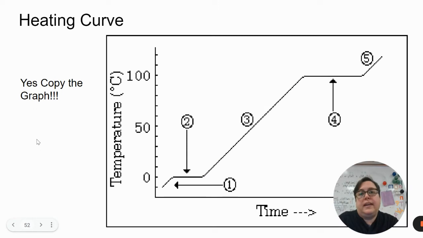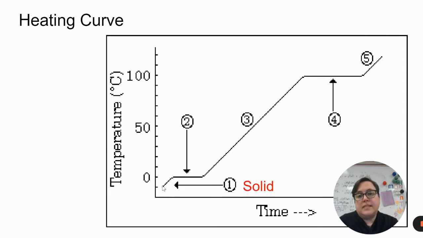One of the ways that we graph this information is by looking at a heating curve. And yes, you're going to want to copy the heating curve into your notes, and then we're going to label the different parts. Down here at the bottom where we have the coldest temperatures, that's where we have our solid. So this diagonal right here represents the solid.